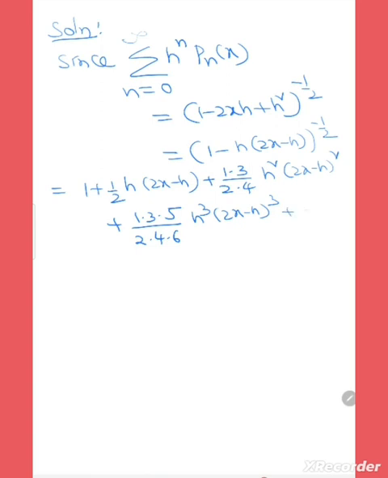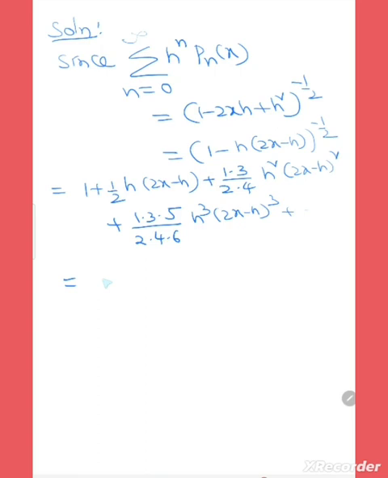This is the general expansion by using the basic formula for (1 − x)^(−n).